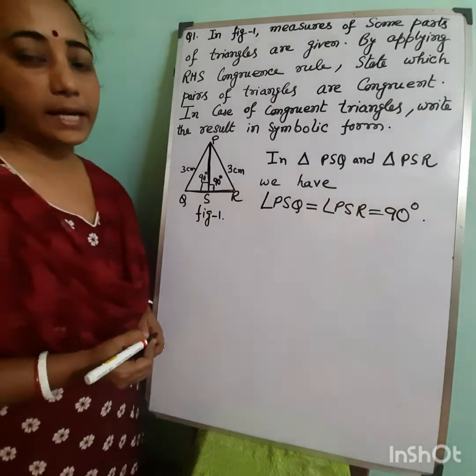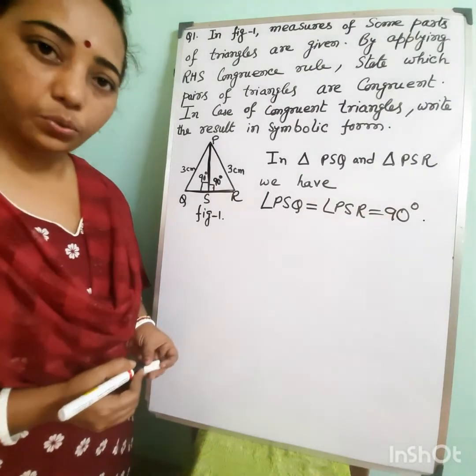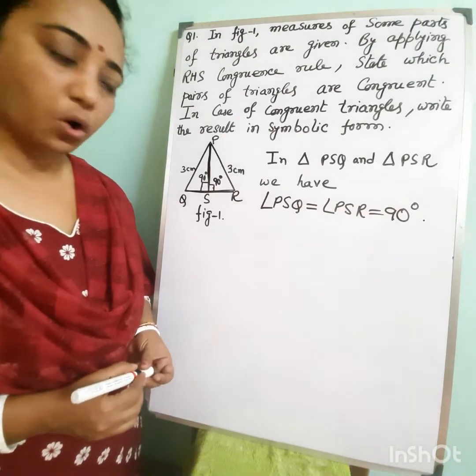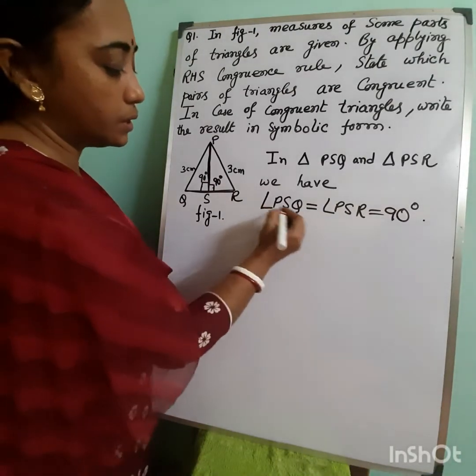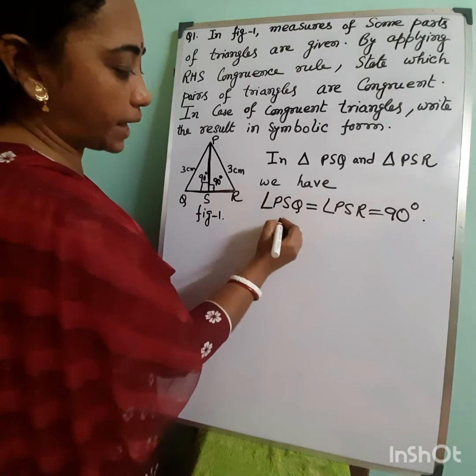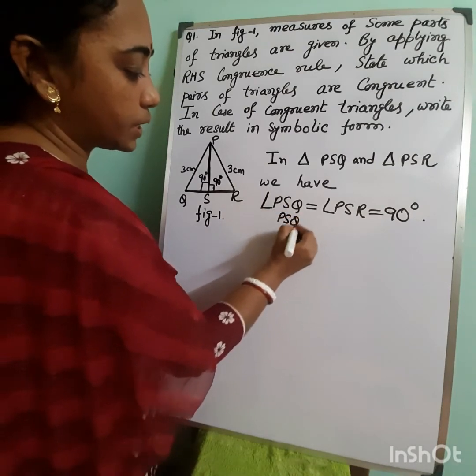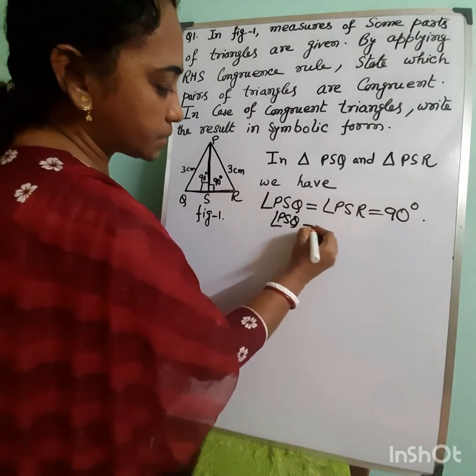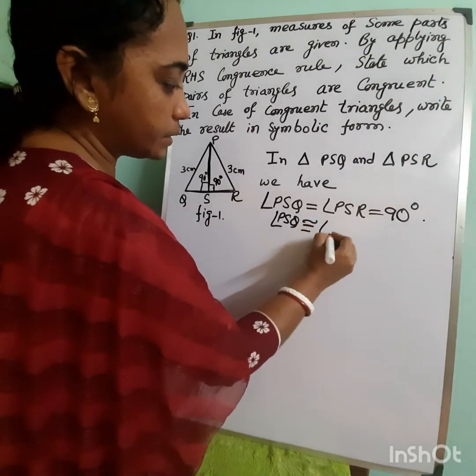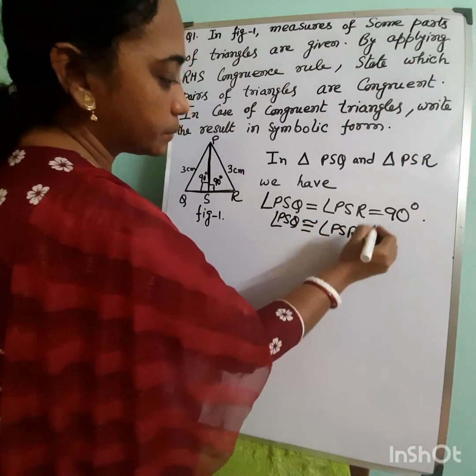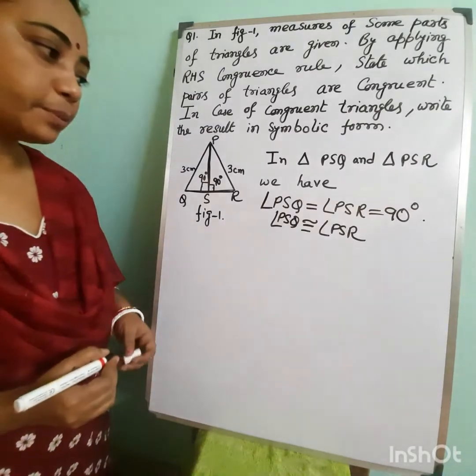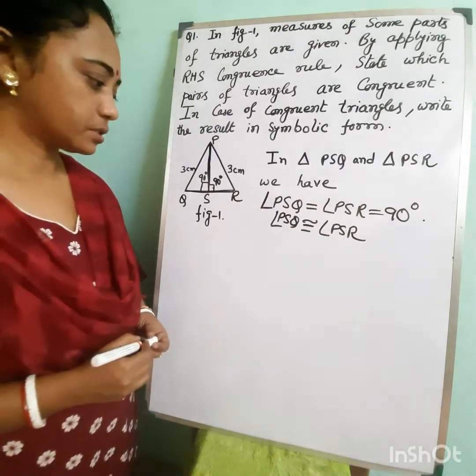Also, we know that if the measures of two angles are equal, then those two angles are said to be congruent. So in short notation, we can write that angle PSQ is congruent to angle PSR because their measures are the same.